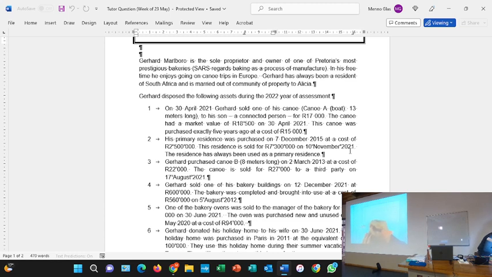Then we have the tax value, which is our base cost, less our allowances. The current is the 2022 allowance.